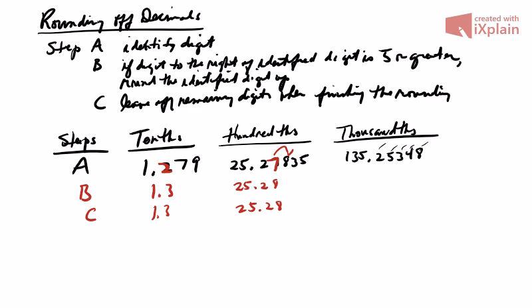We're going to round it to the nearest thousandth. That means the 3 is in the thousandths location. We're going to look one place to the right of the thousandths location, which is a 4. It's not 5 or greater, so we're going to leave the value as 135 and 253 thousandths, and we're not going to include any of the original additional digits.